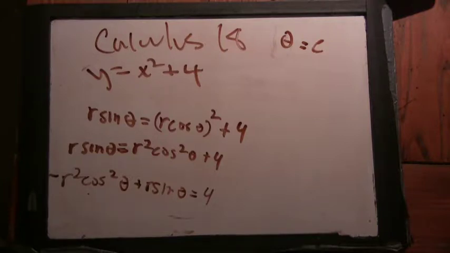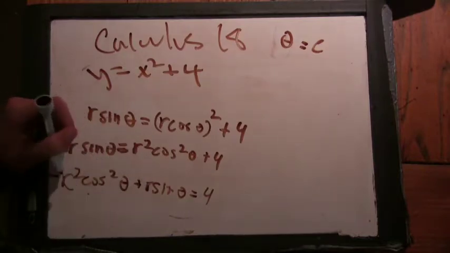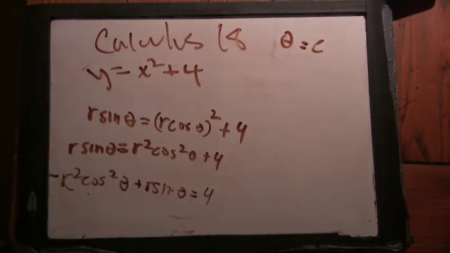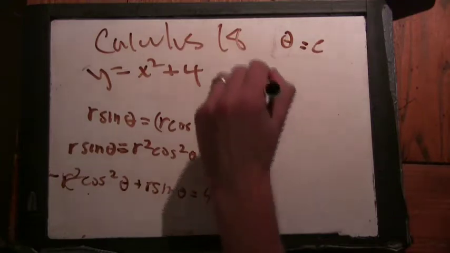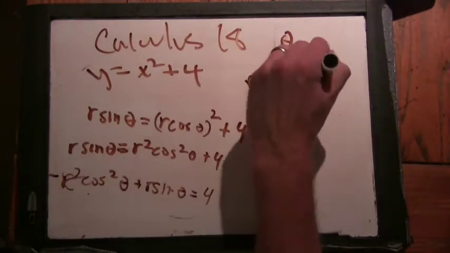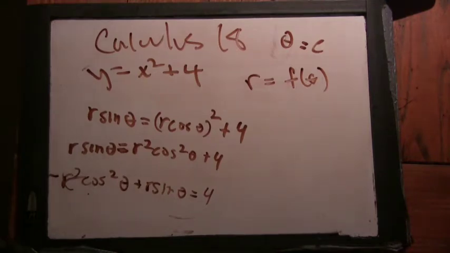Well, this is kind of annoying because we don't have equal r's, so we can't divide everything out. Ultimately we want to try to get this in the form r equals some function of theta. So how could we do that?